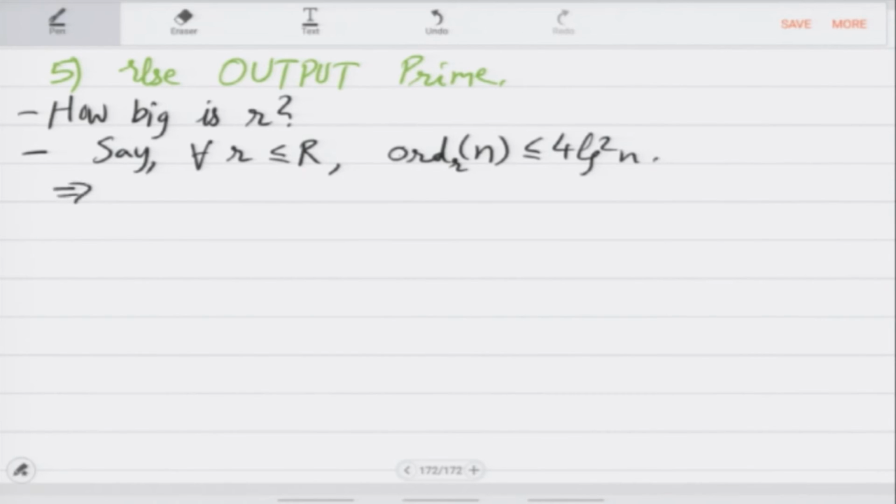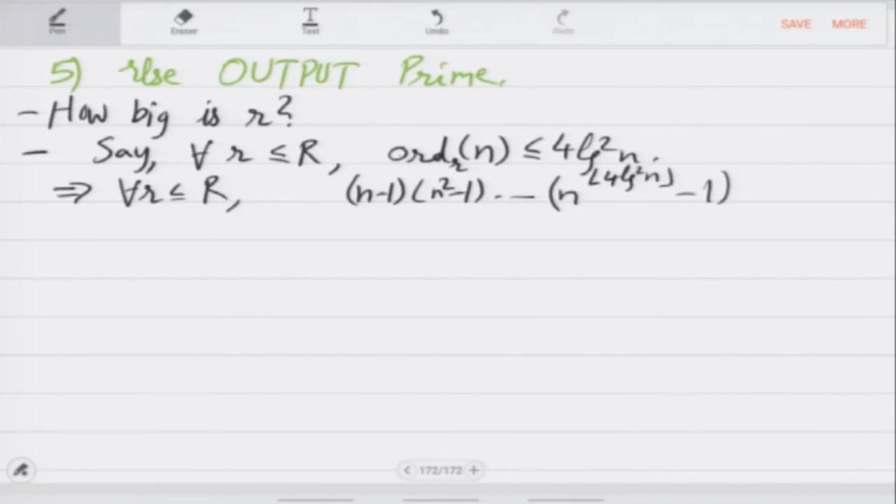Then what does the order of n mod r being small mean? It means that if you look at the product (n - 1)(n^2 - 1) ... (n^(4 log^2 n) - 1), this product is divisible by r. In fact, one of the factors is divisible by r, whatever the order was.